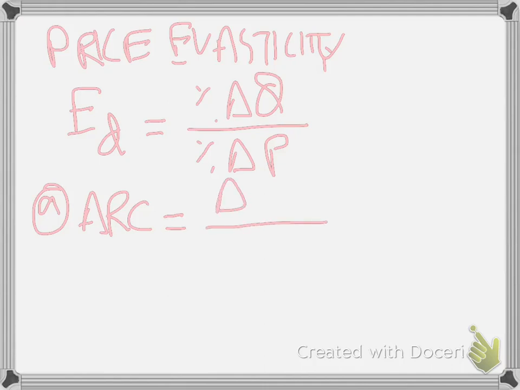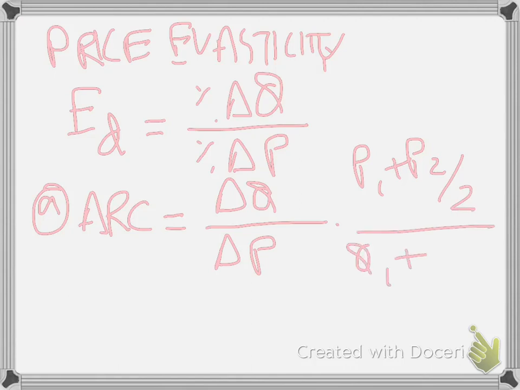I will have the change in quantity in my numerator and the change in price in my denominator, and I'm going to multiply another term with that, where I am going to have (P1 + P2) divided by 2, divided by (Q1 + Q2) divided by 2.